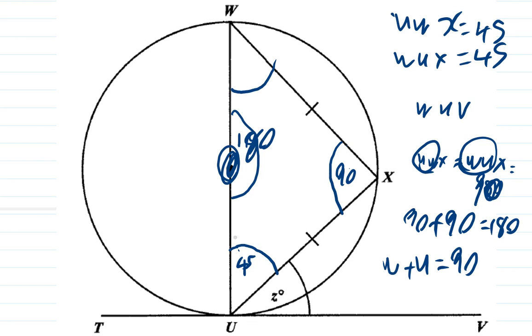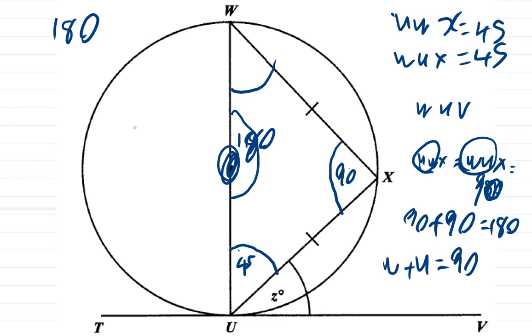Now if you already have 45 here, and this angle here is 90, then the remaining angle must be 45, right? So here, you have different things you can put together. All the angles in the triangle add up to 180 degrees.